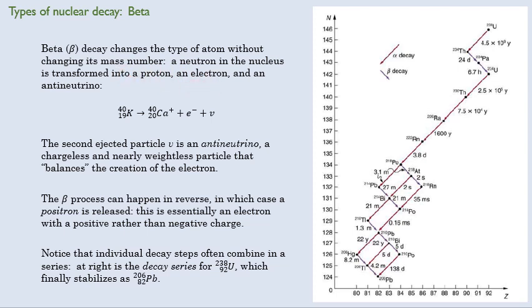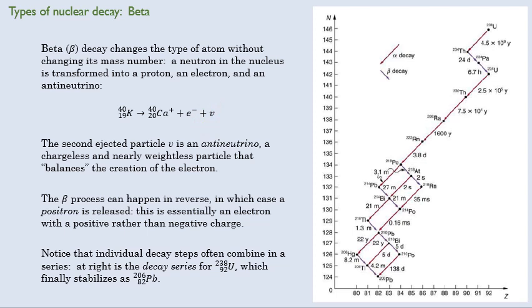So we can write that decay this way, where the mass number after the decay stays the same, 40 and 40, but the atomic number goes up from 19 to 20. And when the atomic number goes up, the type of element changes, right? So we go from potassium to calcium here. And then we eject an electron, and then this is the sign for an antineutrino.